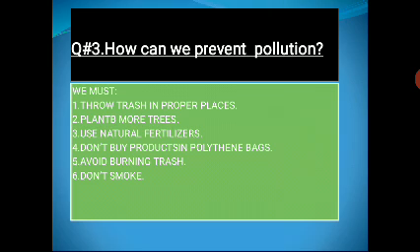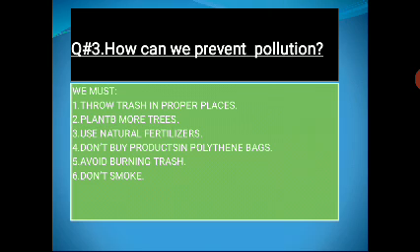Question number 3 is, how can we prevent pollution? We must throw trash in proper places, plant more trees, use natural fertilizers, don't buy products in polythene bags.